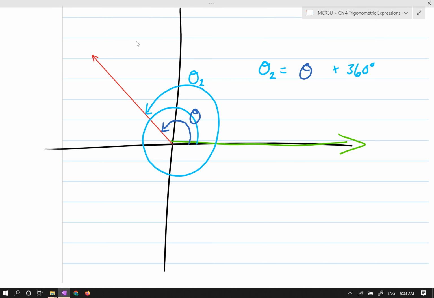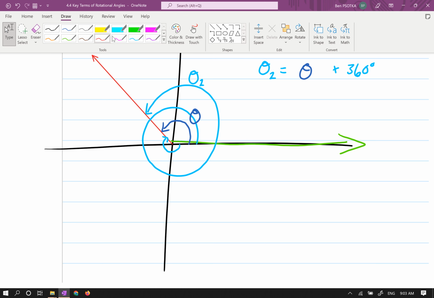Okay, that's great. Are there any other options for coterminal angles? Absolutely. So we could work in here, and here I'll work really small. We could work in a negative direction. So we could go all the way around here, and then we hit our terminal arm. In this case, we can call it theta 3.